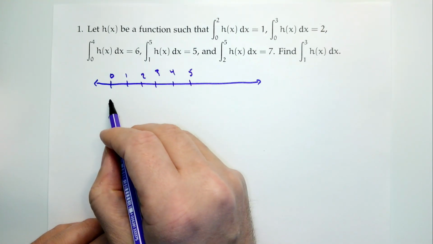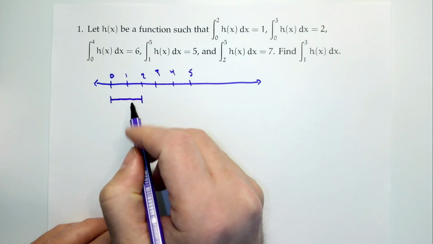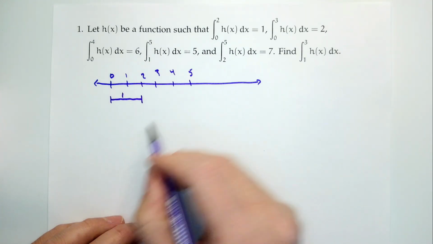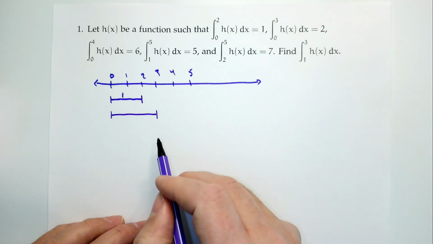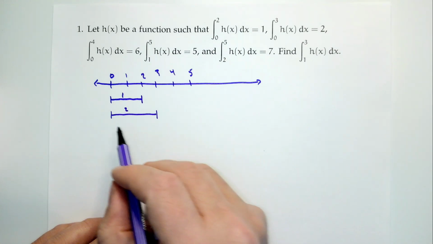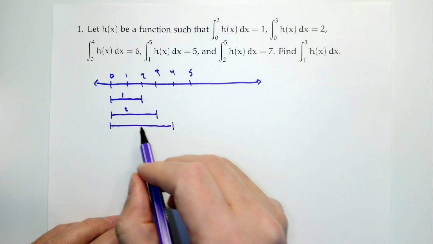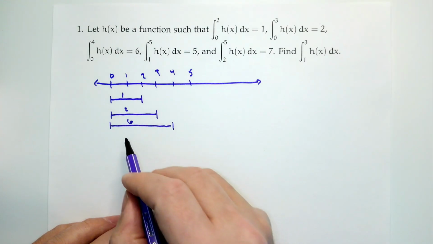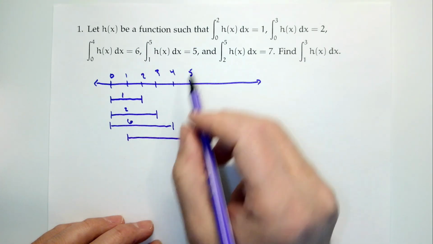All right. We know if we go from 0 up to 2, that's equal to 1. From 0 up to 3, that becomes 2. From 0 up to 4, that's worth 6. 1 up to 5, that would be worth 5.